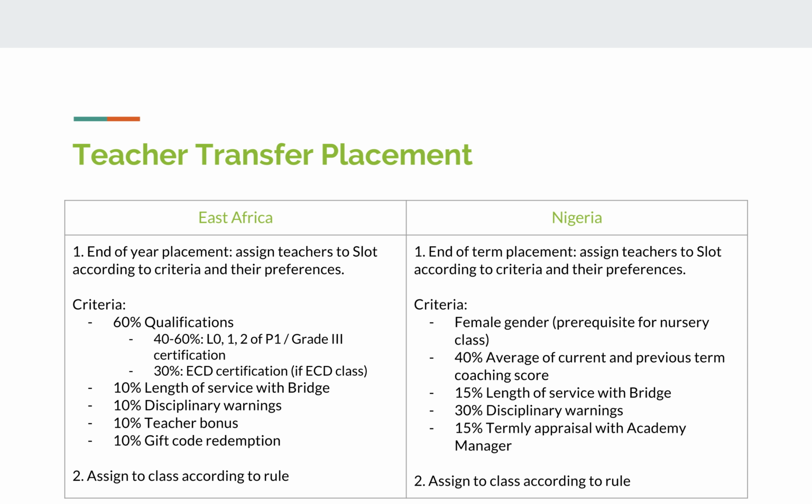So at the end of every term, there's also an appraisal score that the academy manager gives them. So we can see some similarities here. The length of service and the disciplinary warnings are the same, and then there are other criteria that we look at. Again, I will send this to Divya and Phil, and you can also think about and agree what the percentages and the criteria should be.